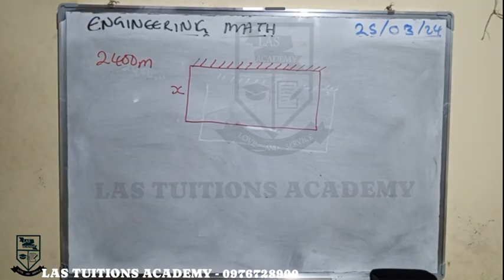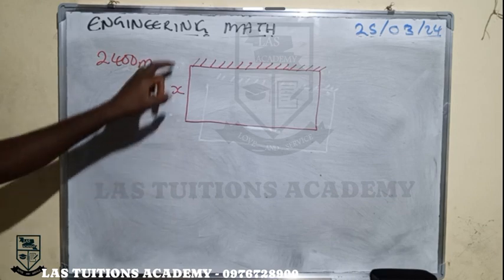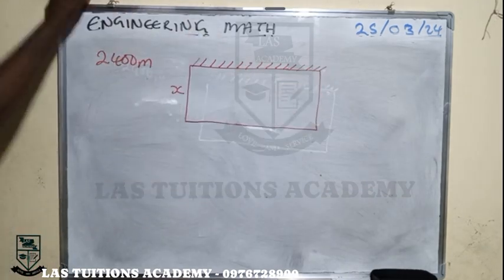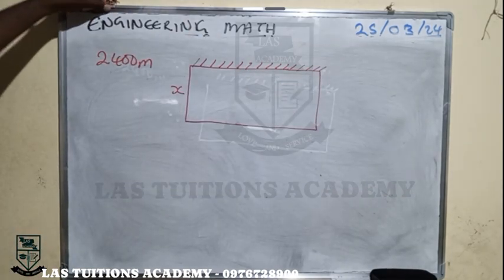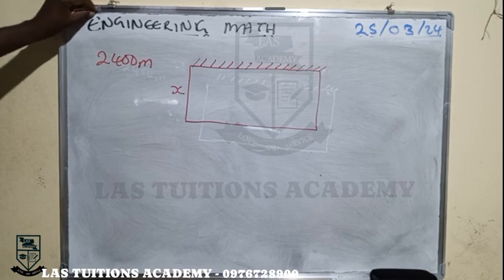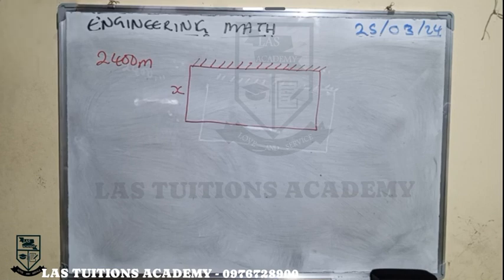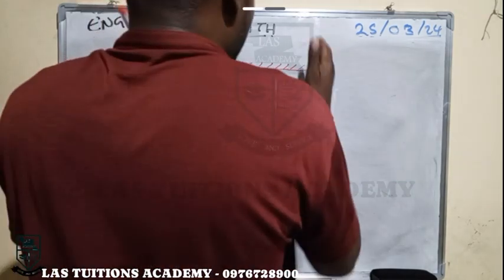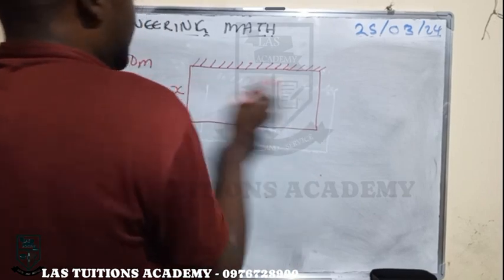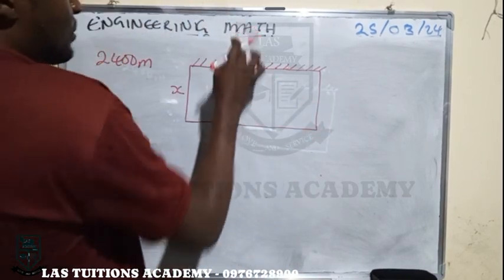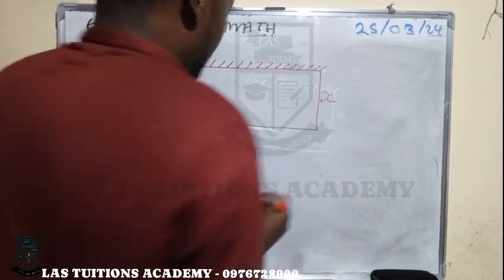Yes, Brandon, it can also be x. Good, because for it to be a rectangle, these 2 sides must be the same, and these 2 sides also must be the same. So this one is also going to be x.